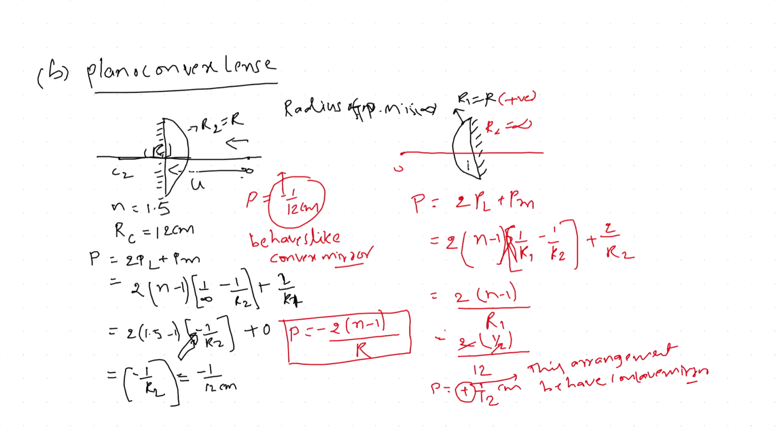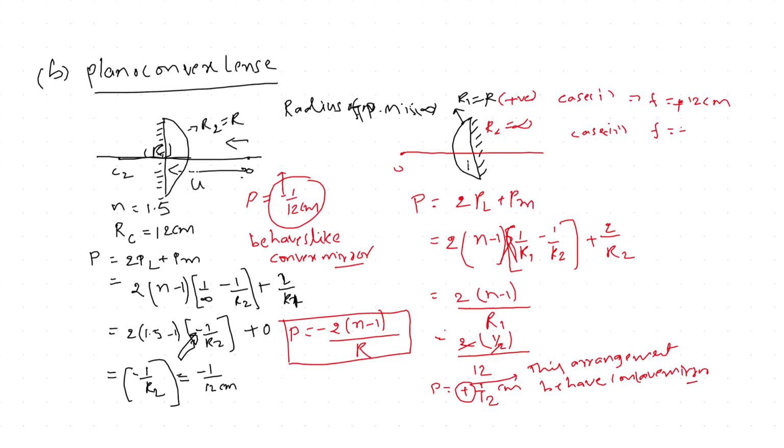So now, from these two cases, in case 1 I got focal length equal to minus 12 centimeter, and in case 2 focal length is equal to plus 12 centimeter.